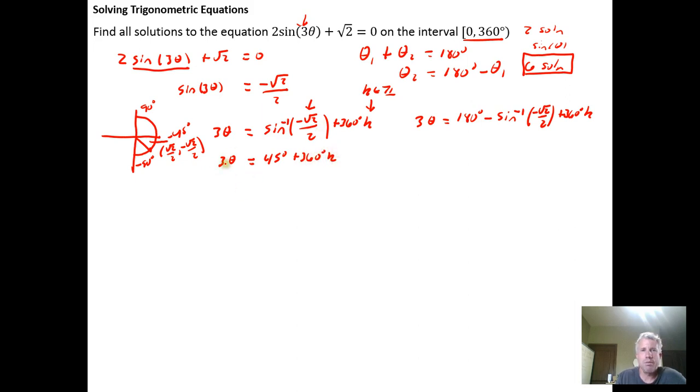Then to get theta by itself, I'm going to multiply both sides by 1/3. So 1/3 of 3 is 1. We get one set of solutions given by theta equals 1/3 of 45, so 3 goes into 45 15 times, plus 3 will go into 360 120 times k. There's one solution equation.